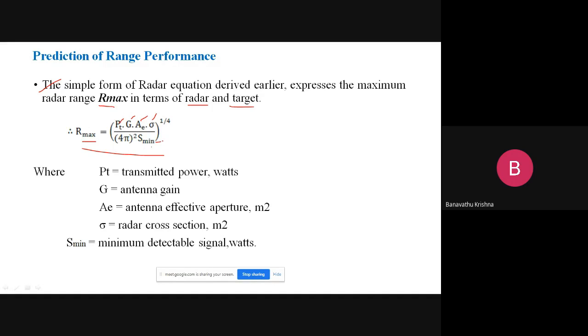Now we are going to discuss whether this radar range equation is able to find the range between target and radar station.